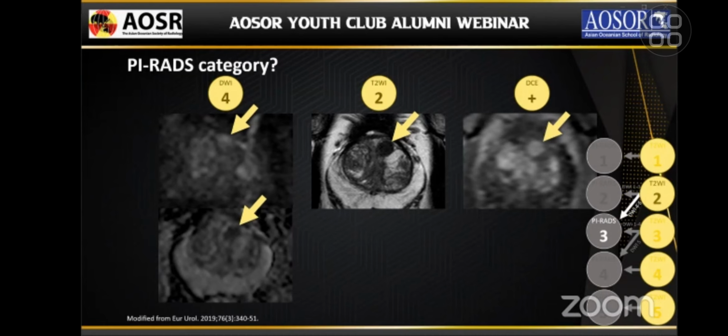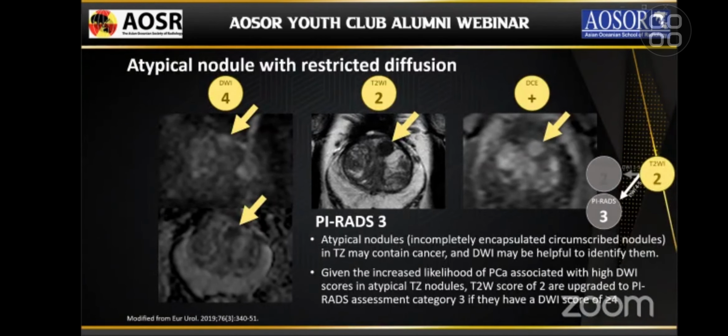Based on the T2 score 2 and DWI score 4, the overall PI-RADS category is upgraded to 3. This atypical nodule with restricted diffusion may contain clinically significant cancer. Therefore, it should be reported as PI-RADS 3 and consider biopsy.